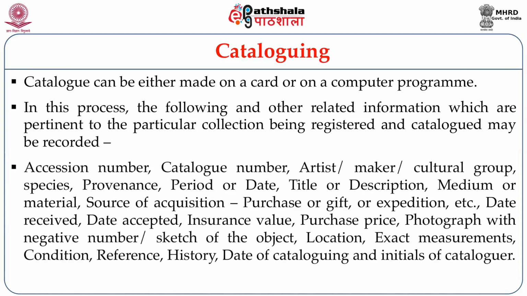That is accession number, catalog number, artist, maker or cultural group, or species in case of a natural history specimen, provenance, period or date, title or description, medium or material, source of acquisition, purchase, gift, expedition, that is modes of collection, date received, date accepted, insurance values, purchase, etc. Photographs with negative numbers and exact measurement of the object are also a vital part of the cataloging process.